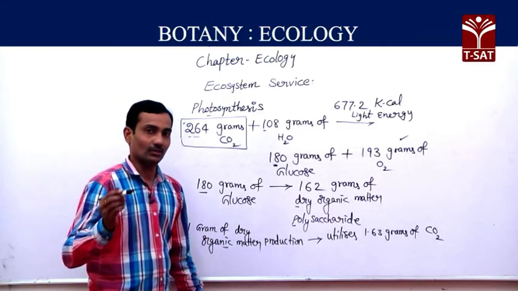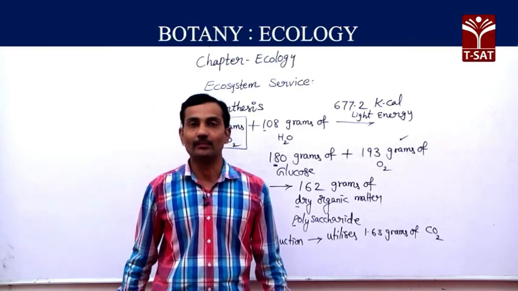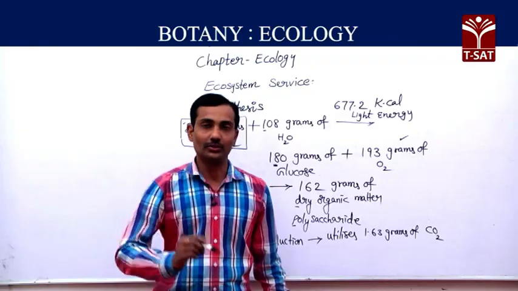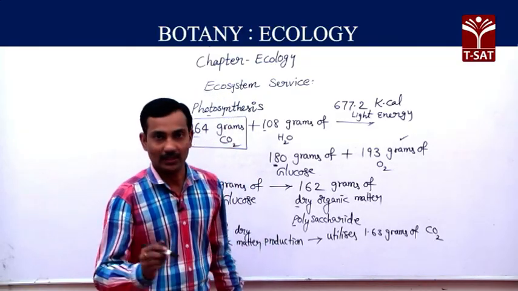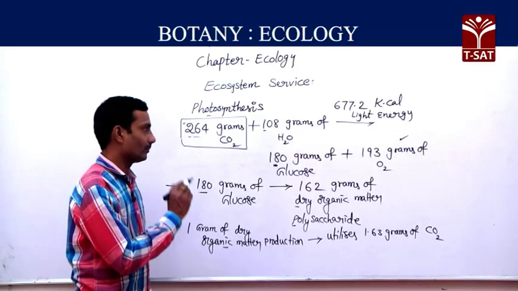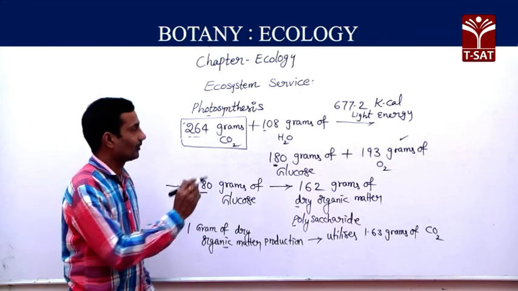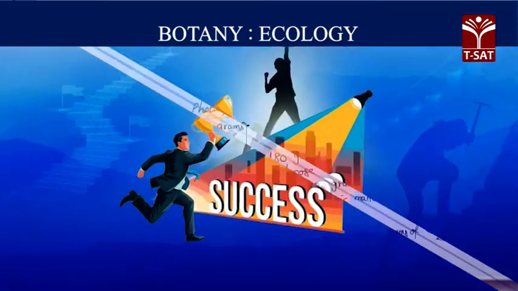Imagine. So plants perform this much important role by reducing the carbon dioxide percentage in the atmosphere. Up to here, whatever topics we discussed, we'll discuss a few objective bits.